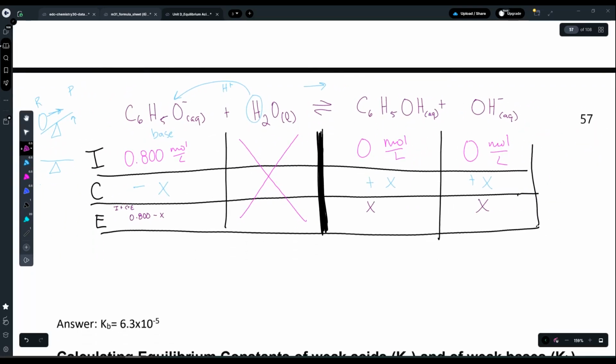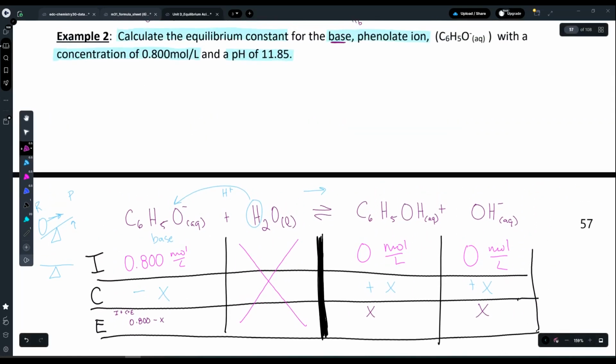Okay, so for this question here, because we have been given pH, we can eventually use it to find the concentration of the hydroxide ions. But remember, pH helps you to find the concentration of hydronium.